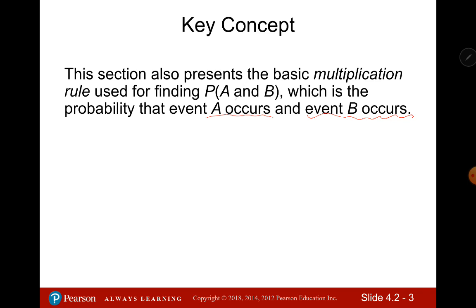So here the keyword is "and." In some books you will see intersect. A intersect B has the same meaning as A and B. So here we will use the multiplication rule.